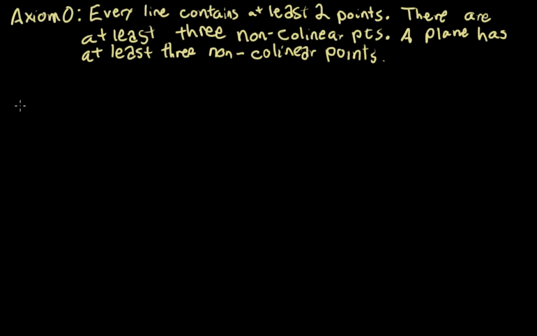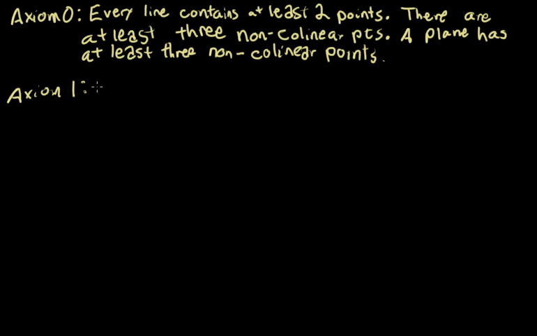The normal one is, a point is that which has no width or breadth, and a line is that which has breadth but no width. But those can be kind of tricky to define, so I'm just going to assume you're familiar with the notions of those and what they are.